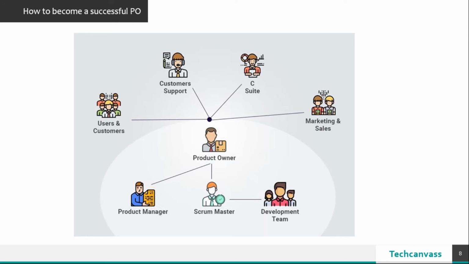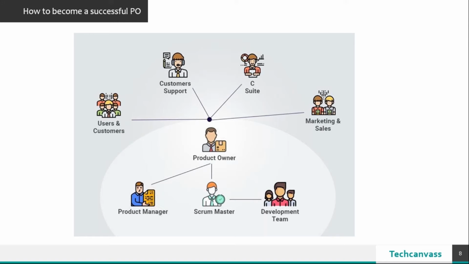Apart from that, there is constant collaboration with the end users and the customers. Then if your product is already live, you also need to collaborate with customer support to understand what support tickets you're getting, because based on that you can come up with new requirements which would ease the life of your users who are using the product.